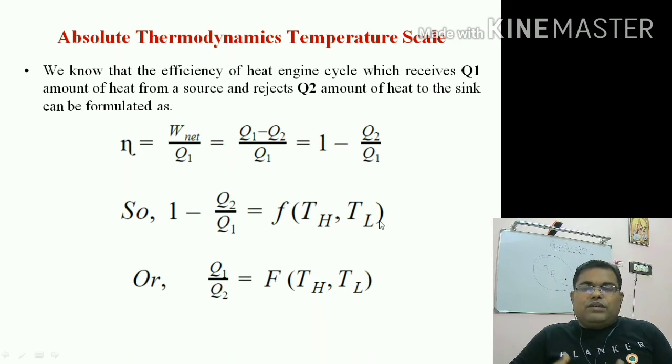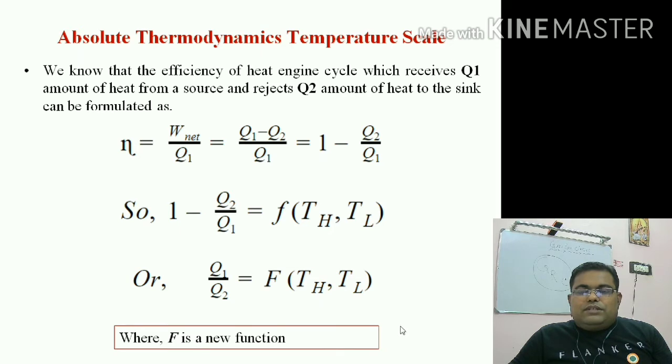If we are talking about a reversible heat engine, then 1 minus Q2 by Q1 is a function of T higher and T lower, or in other way we can say Q1 by Q2 is another function of T higher and T lower. This is a new function, that is capital F, of T higher and T lower. So where F is a new function.